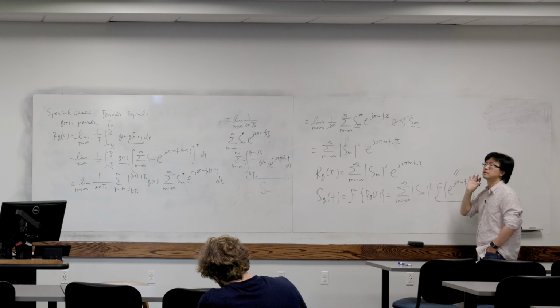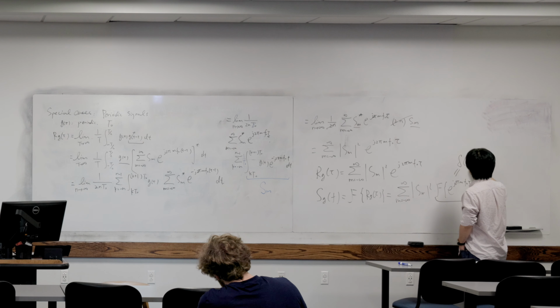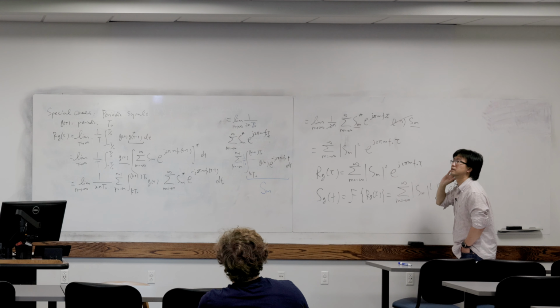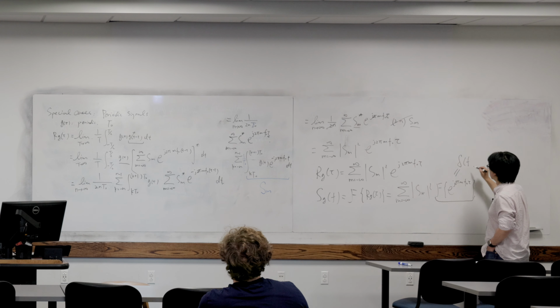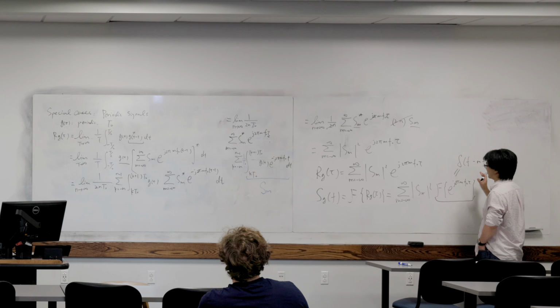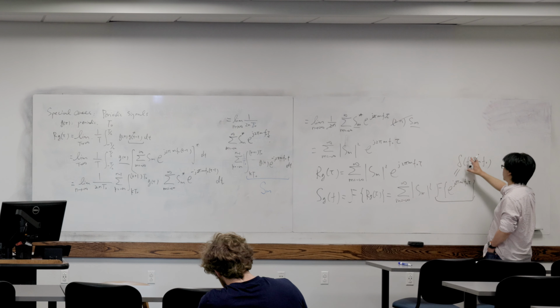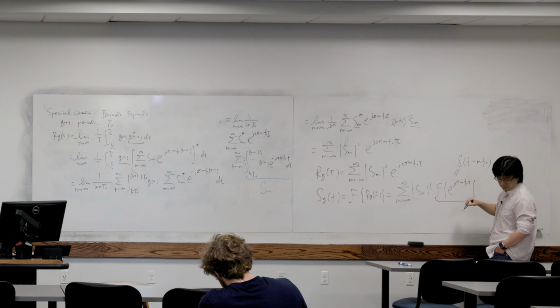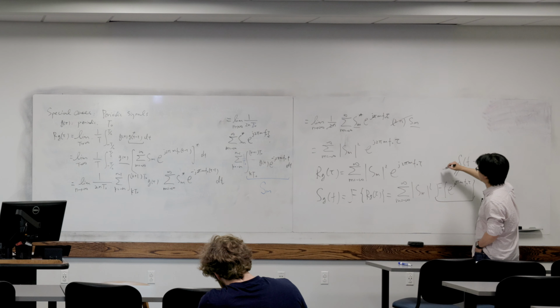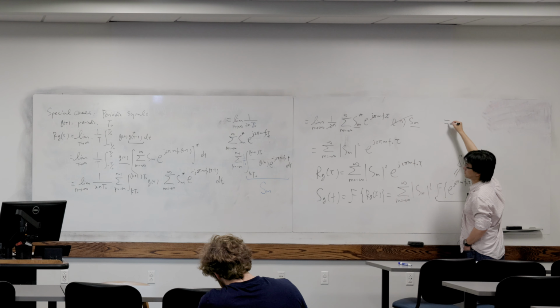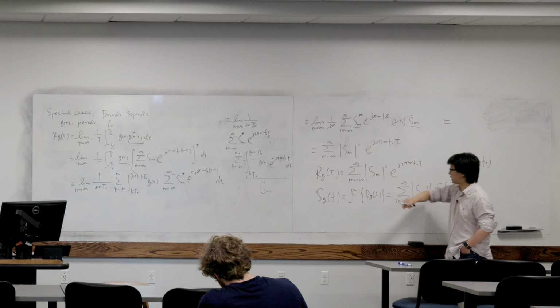Yes, a delta signal at the frequency m times f_0. So this is a complex exponential, and its Fourier transform is a delta signal like this. Here it's plus, I think here it's minus. Great.